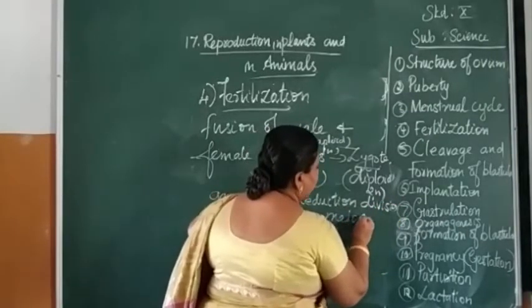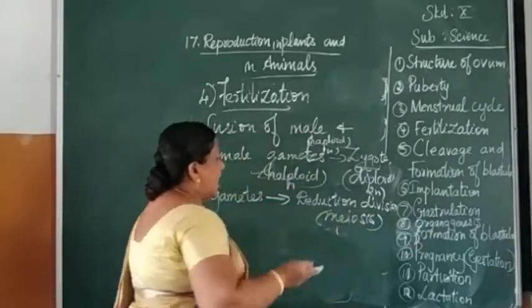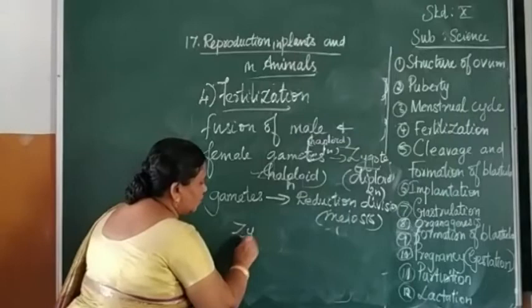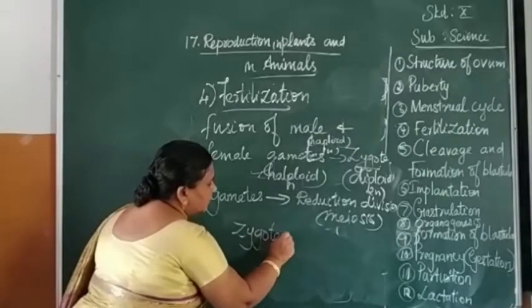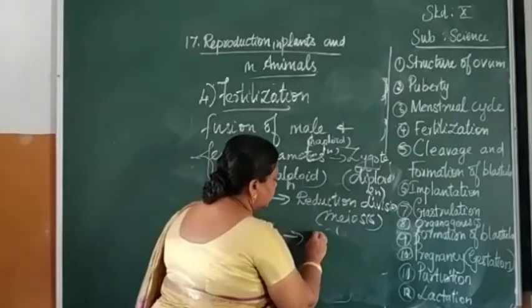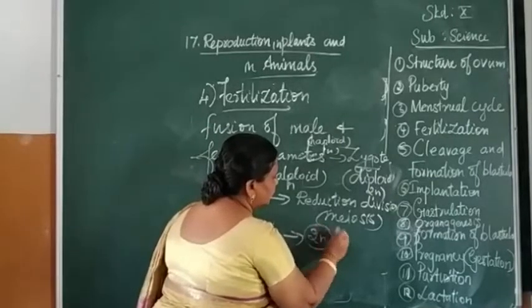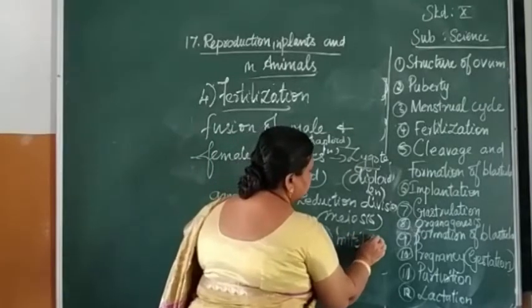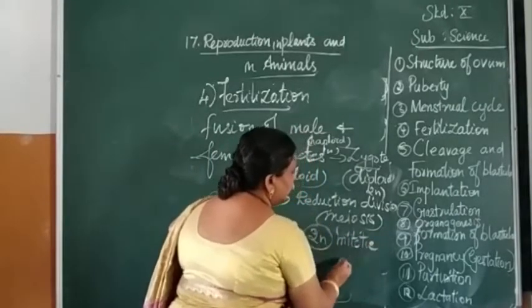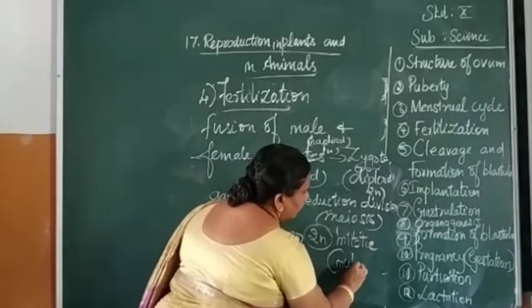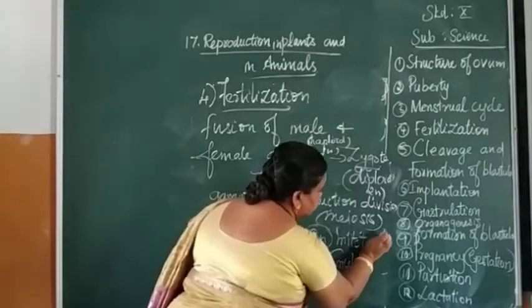Meiosis will happen here. And after the fusion of these gametes, when we get a zygote, inside the zygote we have the 2n diploid chromosomes. Immediately the mitotic division will happen. This mitotic division is multiple division. The number of cells will increase.